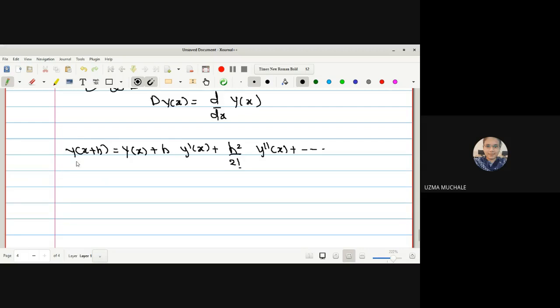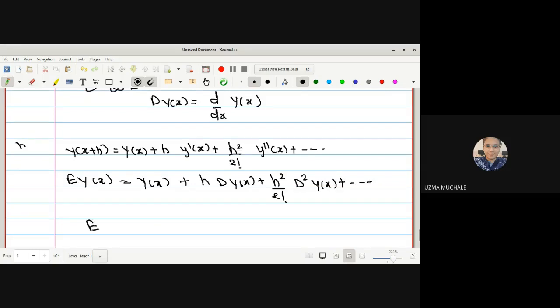So this y of x plus h I can write as E y of x. And E y of x means what? It is going to shift one term. h is a small increment, and I can write E y of x is equal to y of x plus h into dy of x plus h square by 2 factorial into d2y of x, second derivative, and so on.